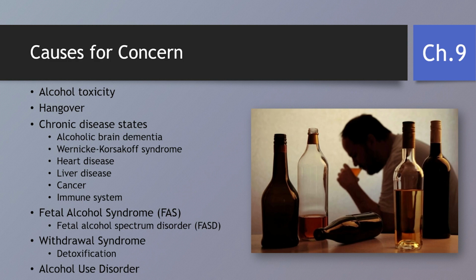And so the only way to really treat this is to abstain from alcohol entirely. They really treat this as a disease, and that alcohol dependence is the primary disease and not the result of some other underlying cause. So again, abstinence is the only way to treat alcoholism from the Alcoholics Anonymous viewpoint.